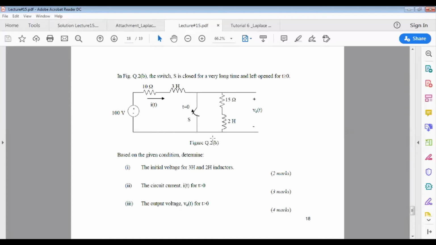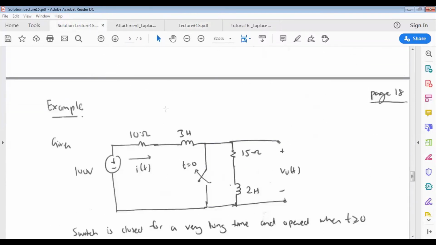In this question, we are not given the initial current. You have to calculate the initial current for both inductors. So let's have a look at the solutions.